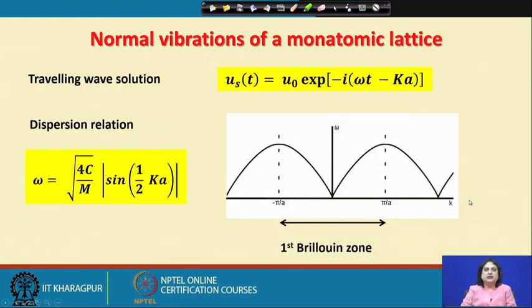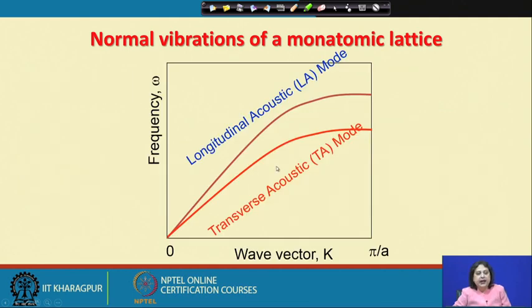Now, these are the dispersion relations that are usually plotted and measured in experiments. So, this is typically what is known as the dispersion relation in a monatomic lattice, and as you see, as k goes to 0, omega is nearly linear.